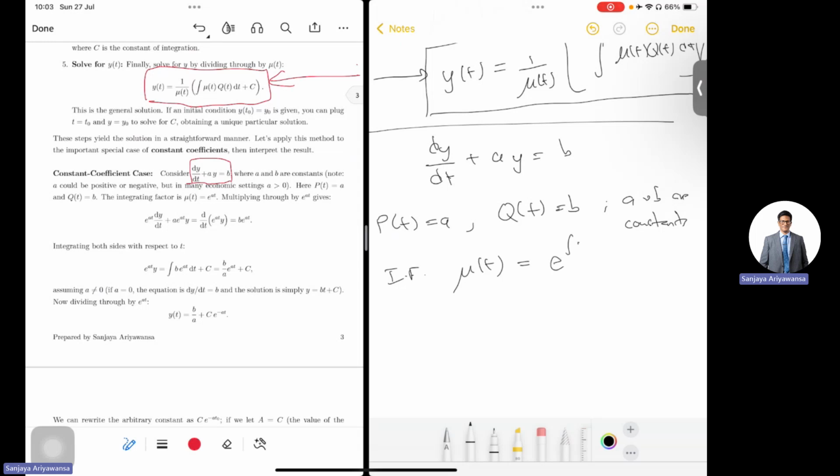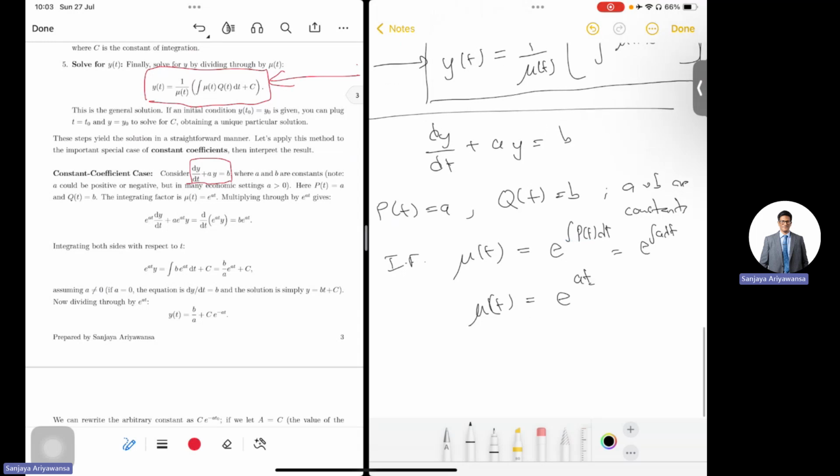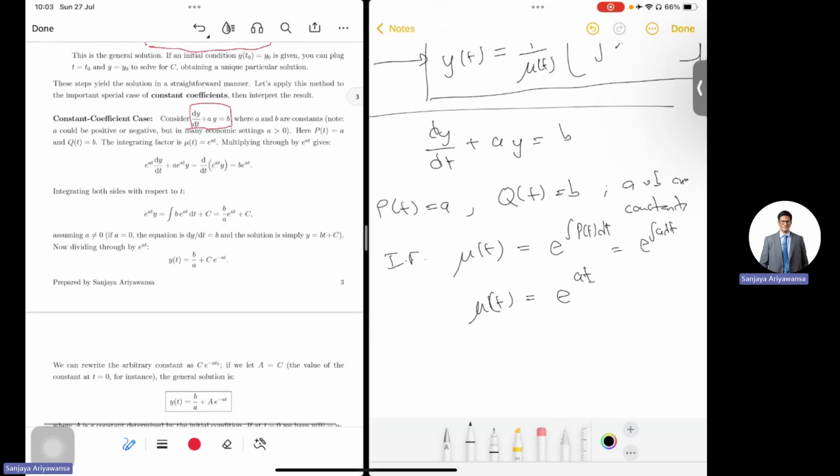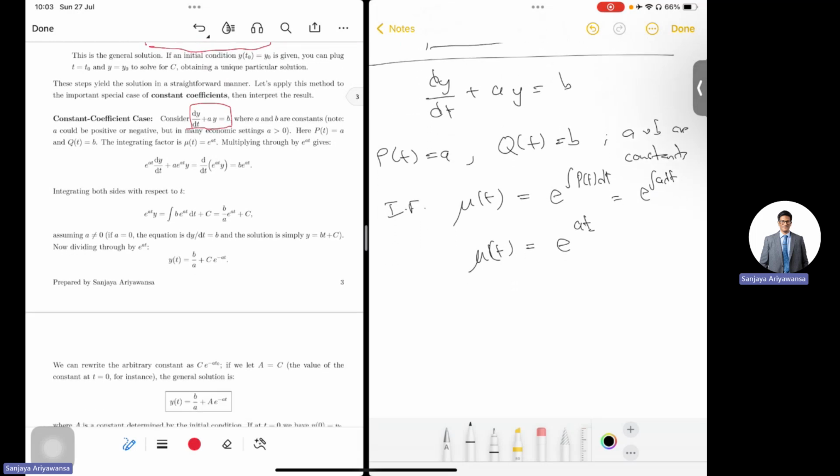Mu of t is e to the power integral p(t) dt. So here p(t) is a constant a, so that is integral of a dt, which is simply mu of t is e to the power of at. Now I have to multiply the whole thing by e to the power of at.